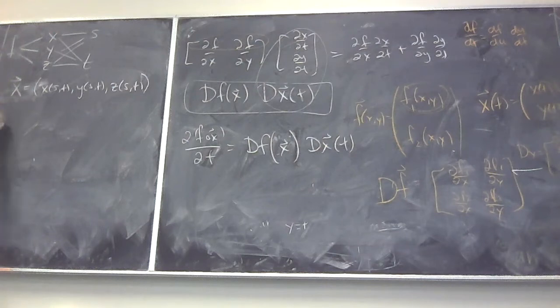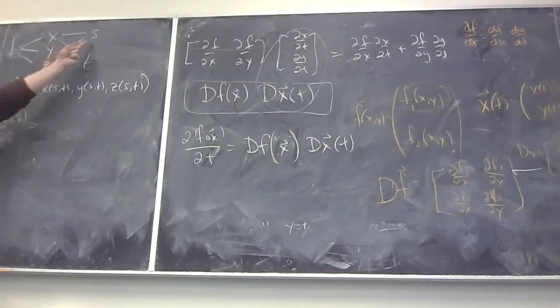What is the partial of f composed with x with respect to s? And the answer is every pathway that gets you from s to f contributes to the change in f. If you're going to compute this partial derivative, you have to keep track of every single thing that s changes. And every one of these lines represents a partial derivative.